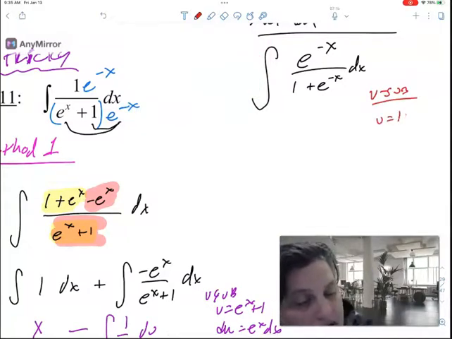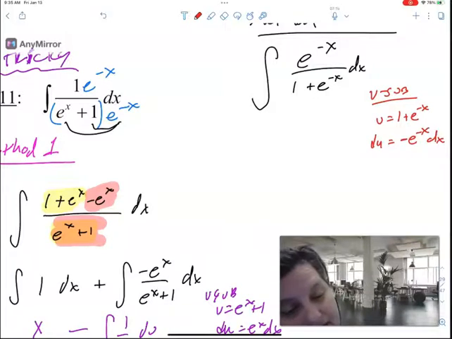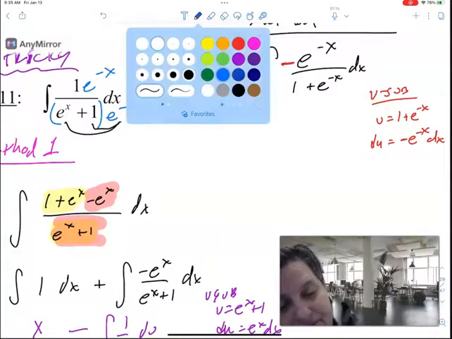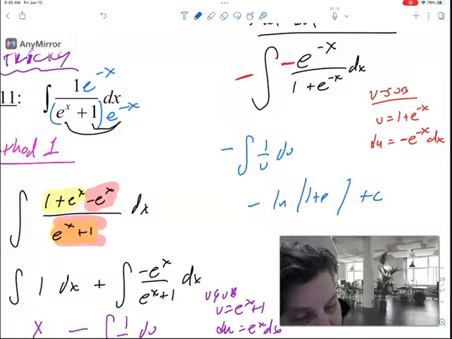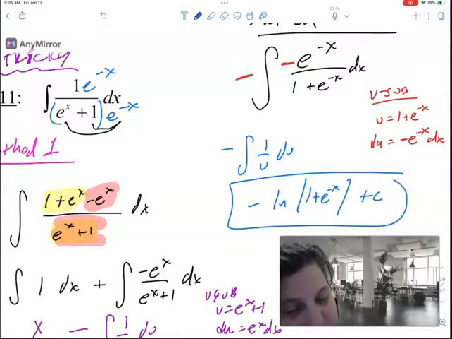where I can go, okay, u is 1 plus e to the negative x. du is e to the negative x times negative 1 dx. And so I got a negative and a negative. And then it's 1 over u du, which is going to be negative ln of u, which was 1 plus e to the negative x. Okay?